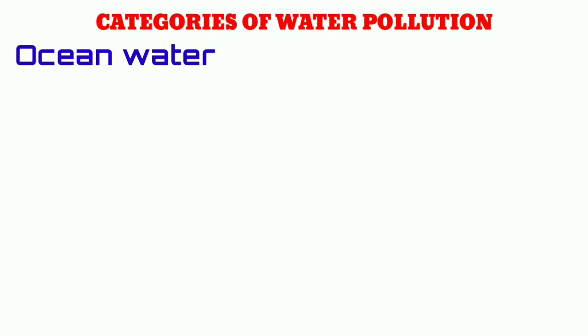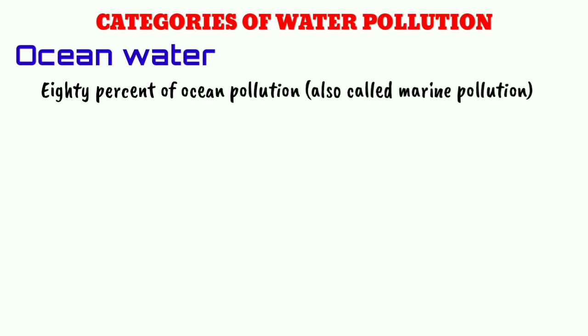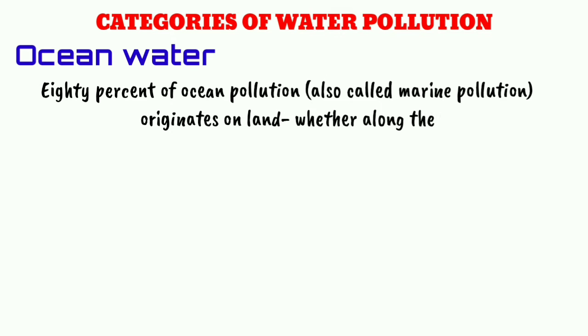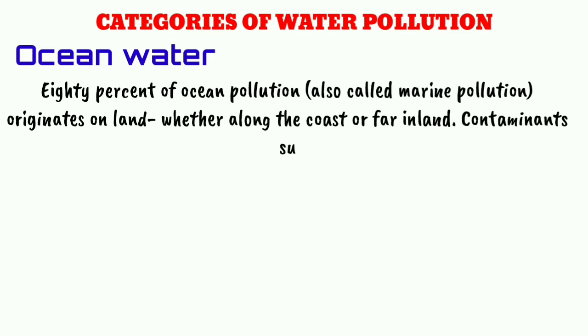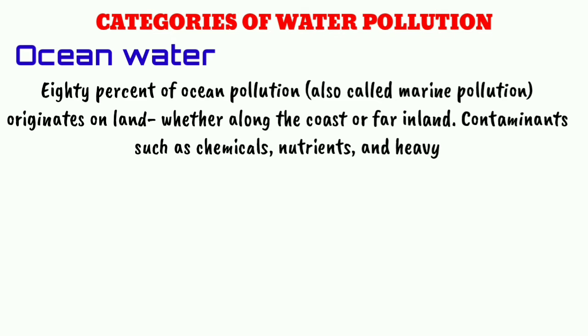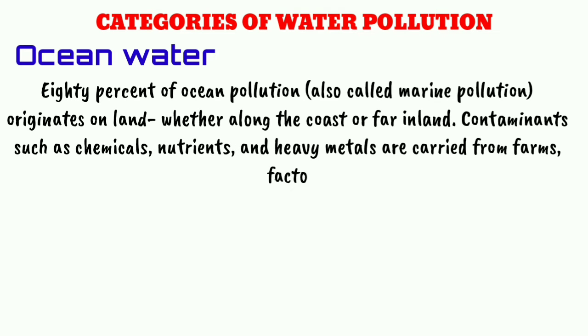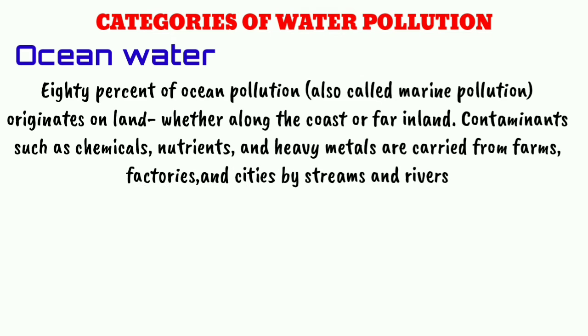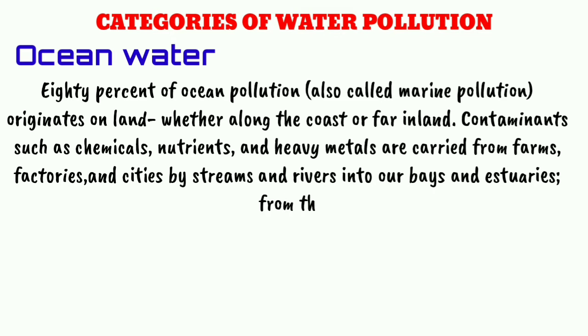Ocean water. 80% of ocean pollution, also called marine pollution, originates on land. Whether along the coast or far inland, contaminants such as chemicals, nutrients, and heavy metals are carried from farms, factories, and cities by streams and rivers into our bays and estuaries. From there, they travel out to sea.